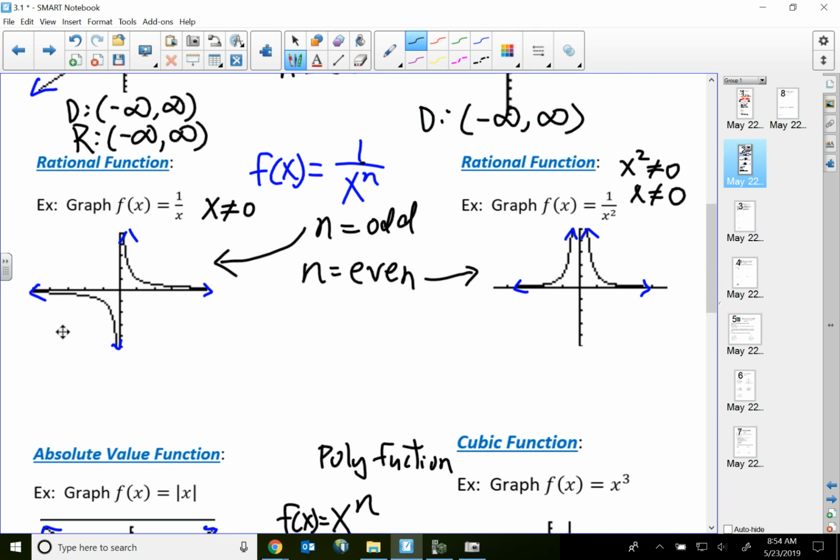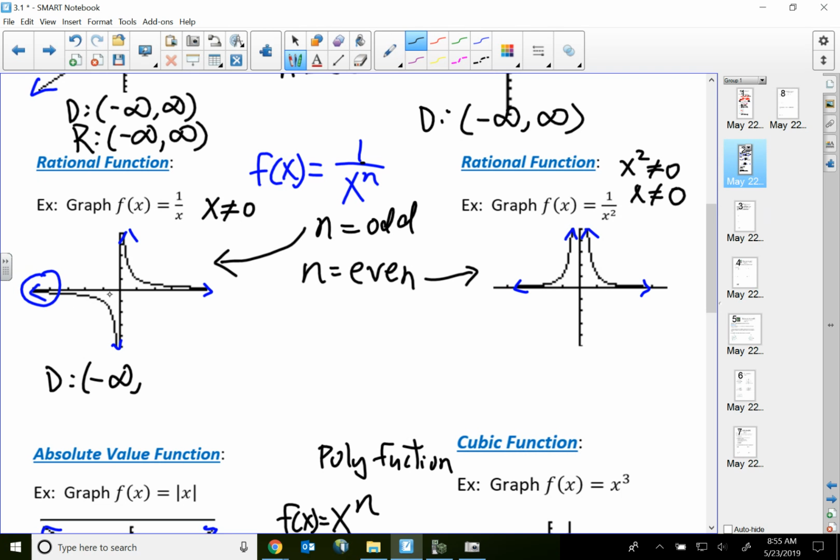All right, rational function. If you look at this arrow right here, thinking from left to right, it's coming from very, very left. So my domain has to start from negative infinity. It keeps coming to the right, but as it approaches x equal to 0, which we already know x cannot be 0, which is my restriction on the domain, you can get as close to 0 as you want, but you can never equal 0.